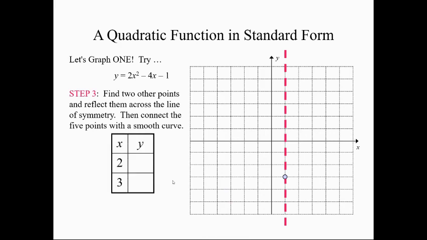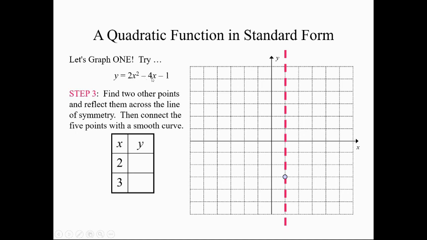Now to get our 2 other points that we're going to reflect over, I'm going to make a table. The line of symmetry is at x equals 1. A close value to that would be 2. Another close value to that would be 3. So I'm going to plug in these 2 numbers for x.